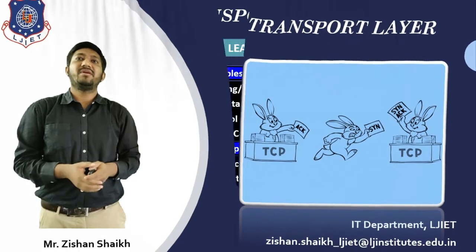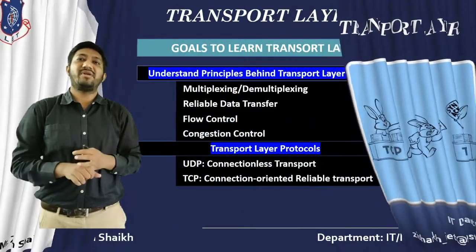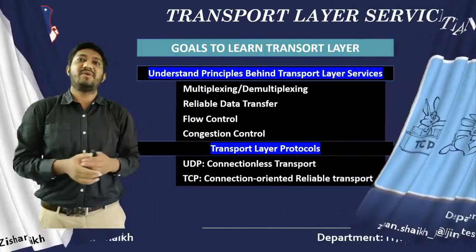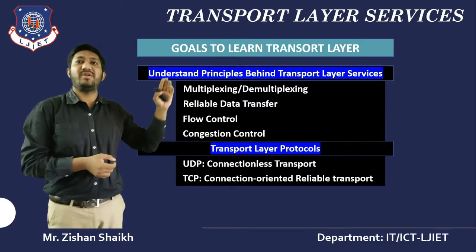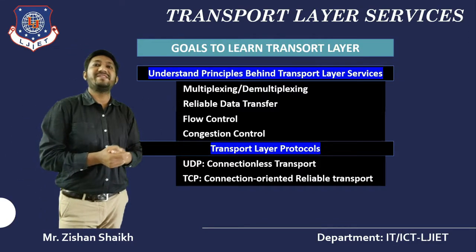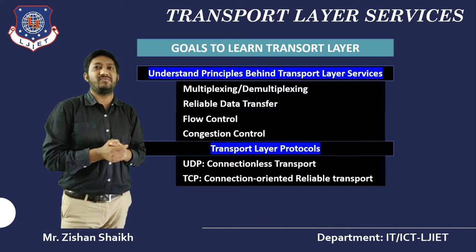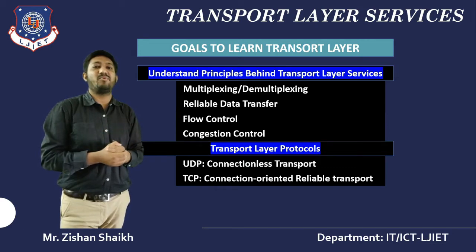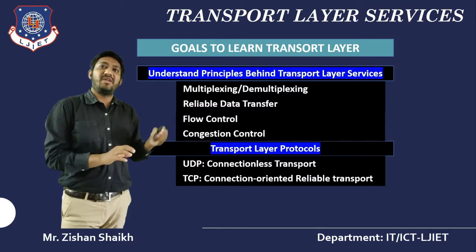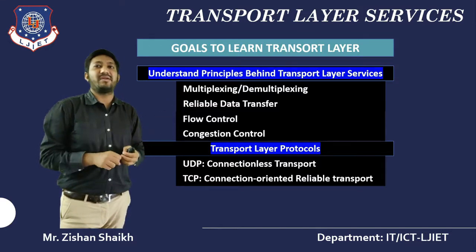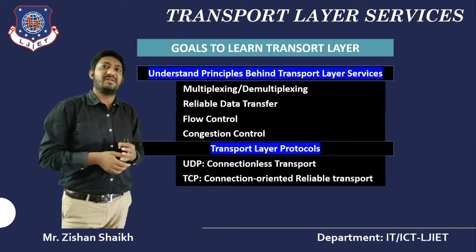So let's start with which particular transport layer services are provided and which particular data items are used in this unit. First, we are trying to understand the basic principles behind the transport layer services. What services are provided by this layer? In that, what processes are performed by the transport layer will be understood one by one.